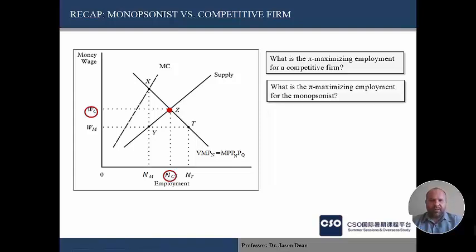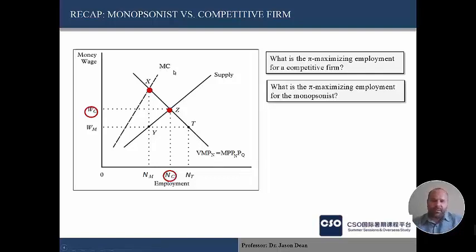Now what about for the monopsonist? What point would the monopsonist choose? How much labor would they choose to maximize profit? Point X. Okay, because that's where their marginal benefit equals their marginal cost. In other words, their value of marginal product of labor is equal to the marginal cost.